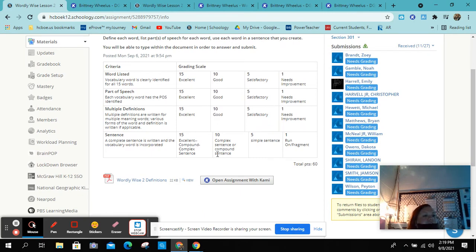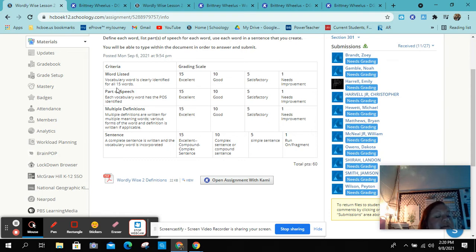You need to make sure that you read the rubric, okay? In order to receive the full amount of credit, you have to make sure that all words are listed. Now, all the words are going to be listed for you except for number 1 where there is a problem, and you need to mark out the word arid and replace it with the word abrasion, okay? You have to make sure that each part of speech is accounted for and written beside each word.